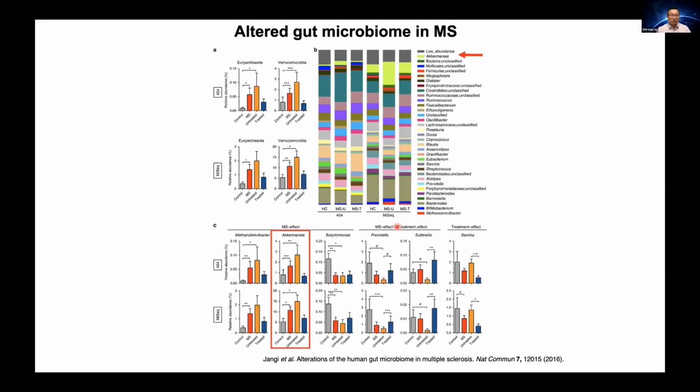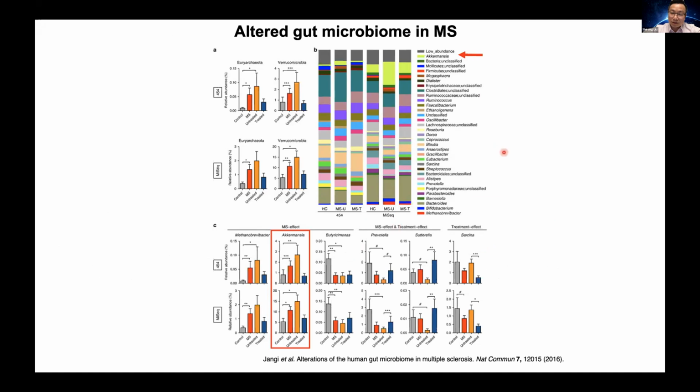So this suggests some microbe in the feces mediated the effect. And then which bacteria mediated this effect? Then we look at the microbiome changes in the MS patient as well as in the EAE model.